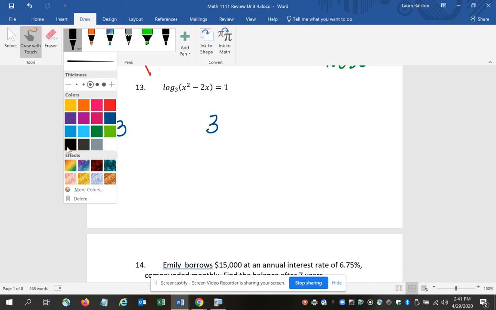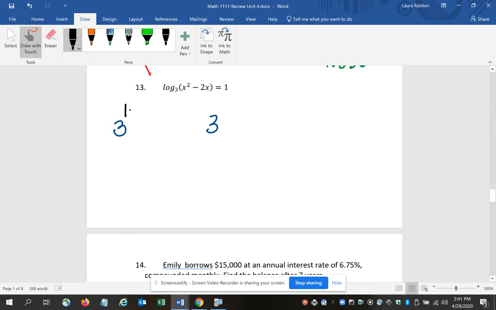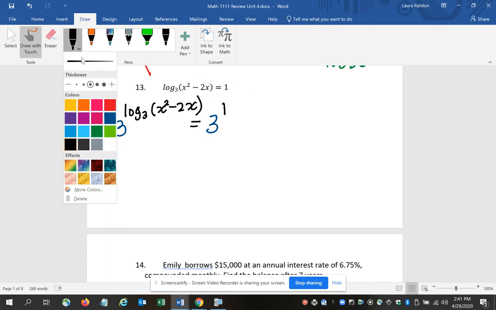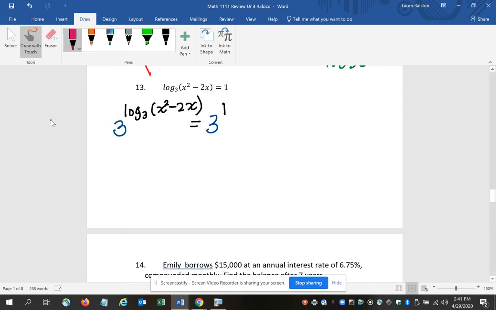So I'm going to have 3 raised to the log base 3 of x squared minus 2x equals 3 to the first. Again, the benefit there is that an exponential base 3 and a logarithm base 3 cancel one another off. So I have x squared minus 2x equals 3 to the first, which is just going to be plain old 3.